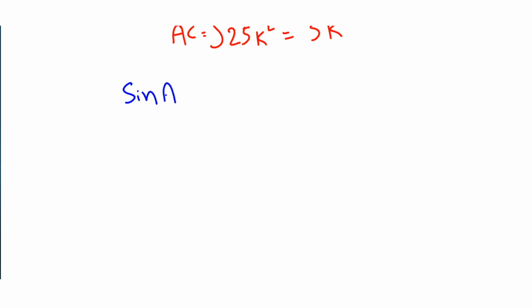Here, sin A equals opposite side of the angle by hypotenuse, that equals 3K by 5K, that equals 3 by 5.